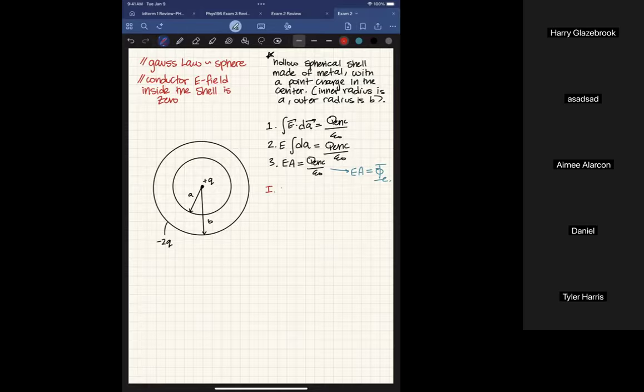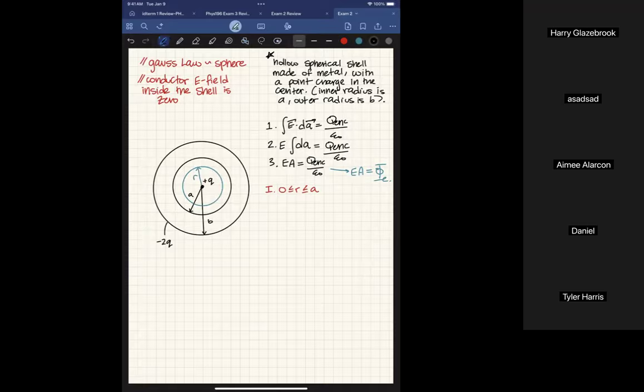So I want to find the electric field for all radius values greater than or equal to 0 and less than or equal to the inner radius A. To do that, I'm going to draw a Gaussian sphere just inside of radius A. I'll say my Gaussian sphere has some radius r. Again, that r is between 0 and the inner radius A.